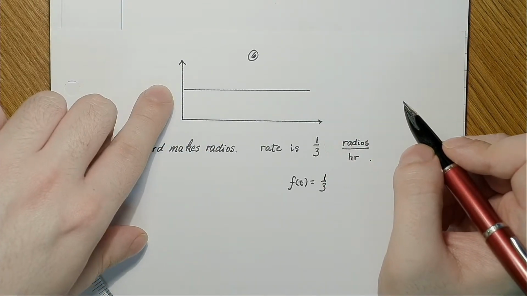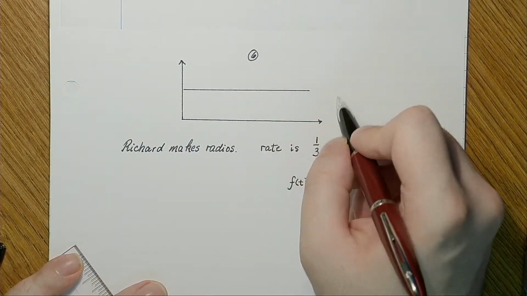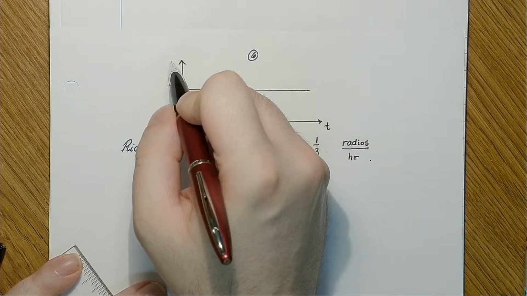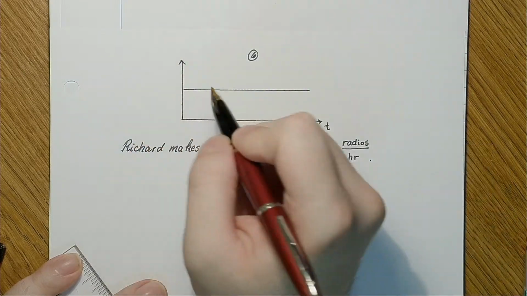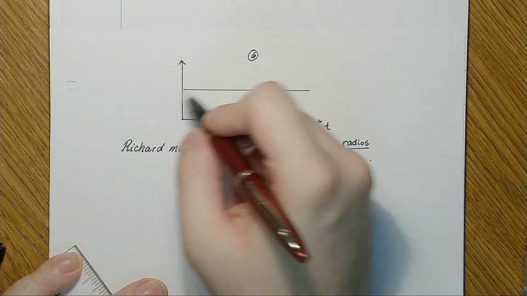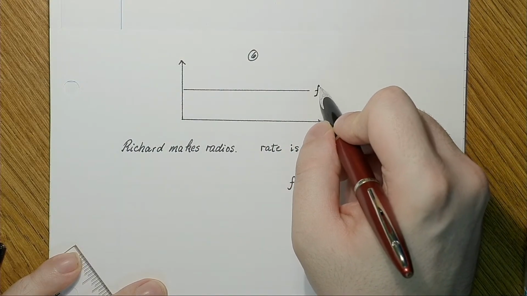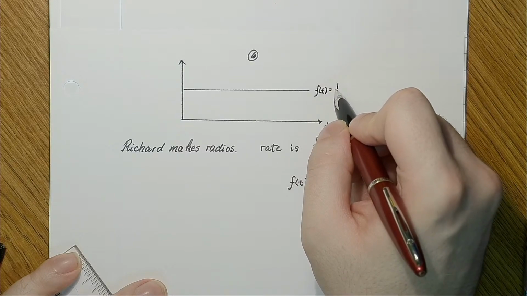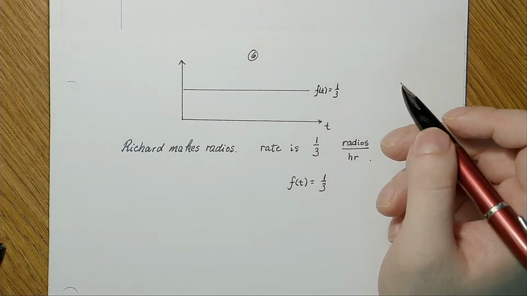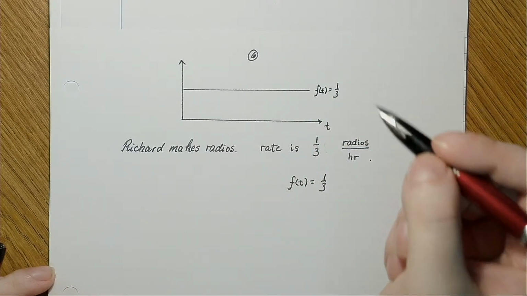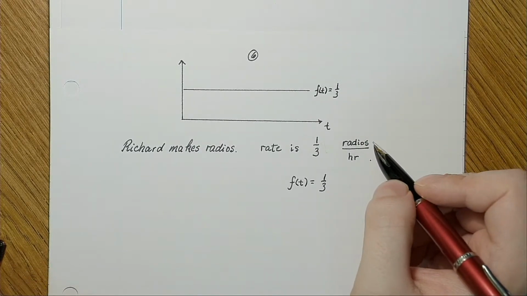So there is my f of t equals 1/3. That's my rate.